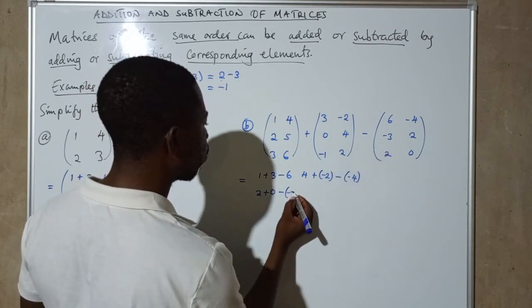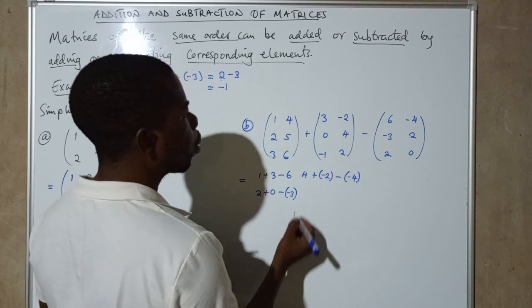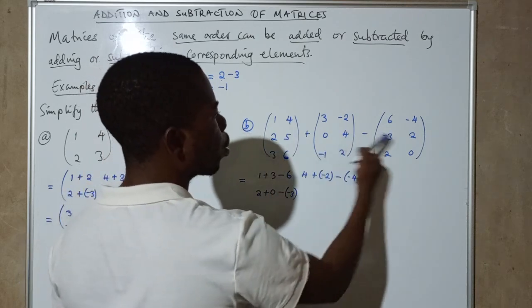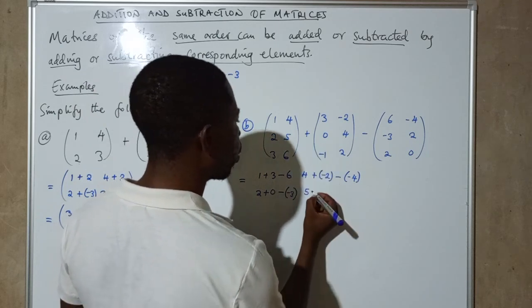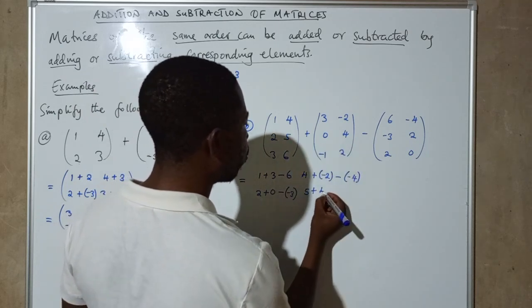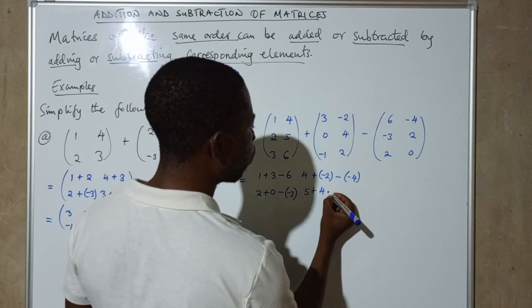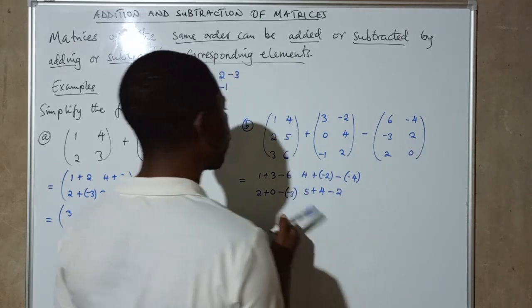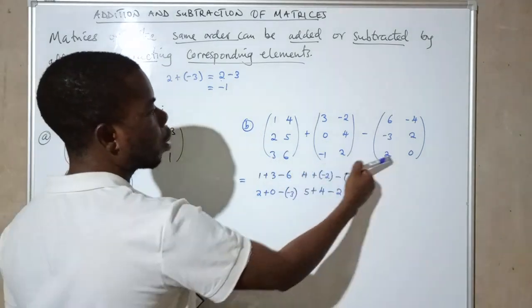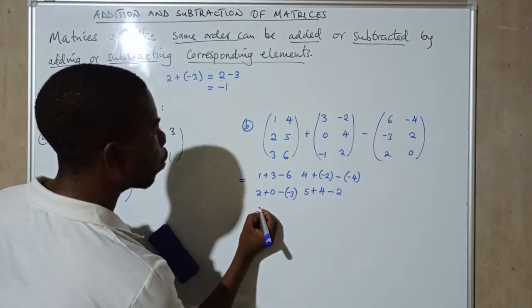So say negative 3. Then this 5 corresponds to this and that. So say 5, this plus here. Then I'll put 4. Then I'll put negative. Then I'll put 2 there. Okay. Then this corresponds to this and that.